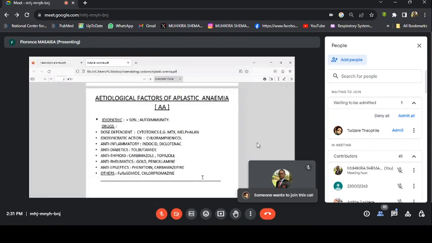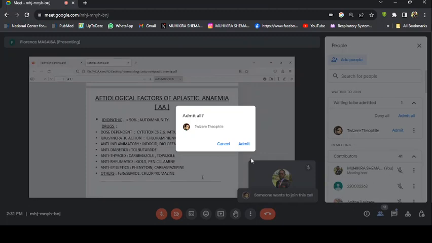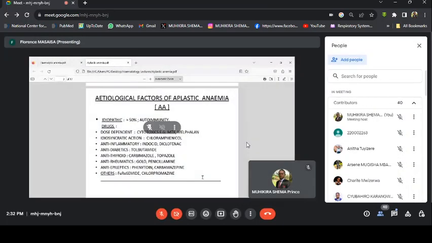This is the list of agents which may cause secondary aplastic anemia. Among them, we have the dose-dependent ones, like cytotoxics, for example methotrexate, melphalan, and anti-inflammatories like diclofenac, and so on.